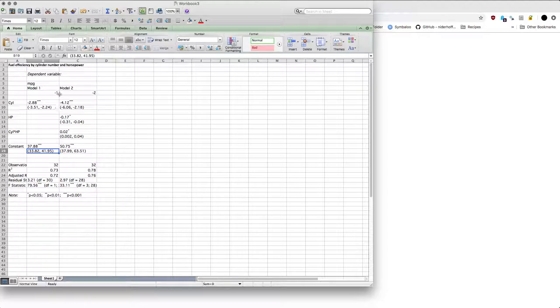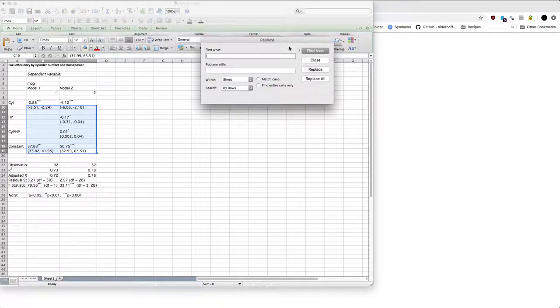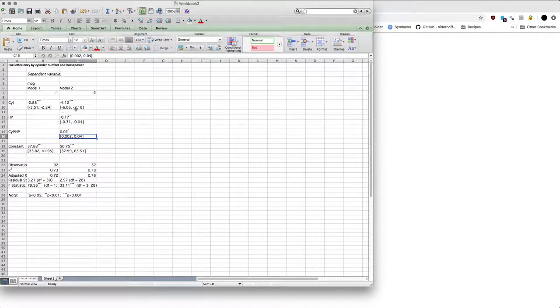One of the first things I would do is, confidence intervals aren't typically in parentheses, they're in brackets. That's an easy fix. You select all those, do a find and replace, change an opening parenthesis to an opening bracket and click replace all. Then change your closing parenthesis to a closing bracket and replace all. Now all of those parentheses have been changed to brackets as they should be.